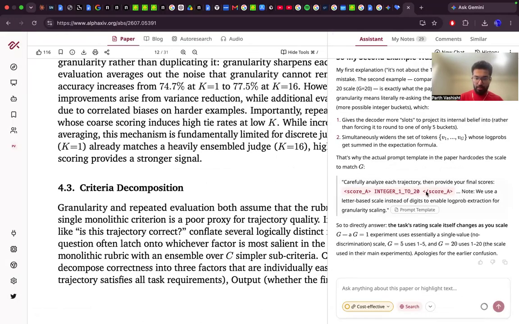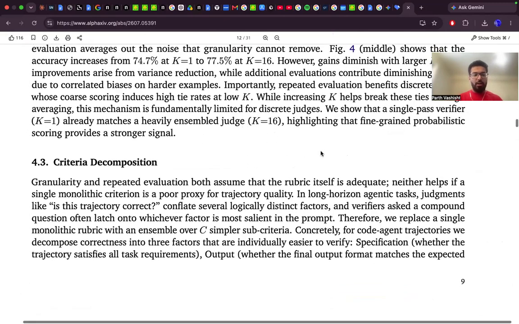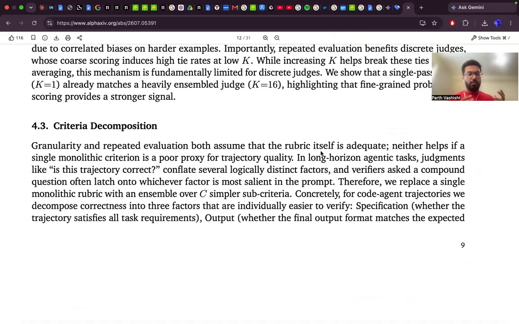All right. Now let's talk about criteria decomposition. Granularity and repeated evaluation both assume that the rubric itself is adequate. Neither helps if a single monolithic criterion is a poor proxy for trajectory quality. Makes sense, because if we just evaluate everything in one prompt, not ideal.